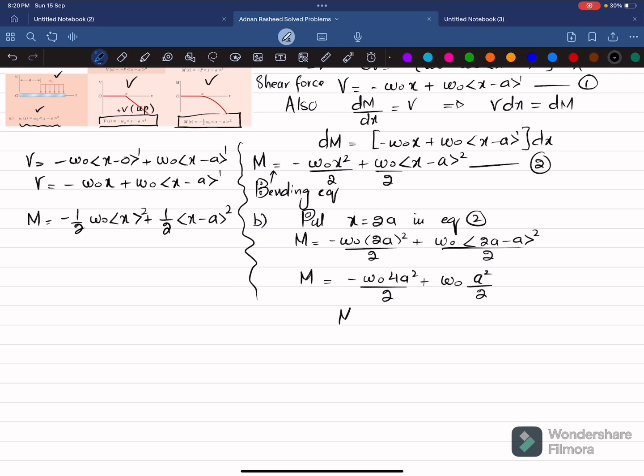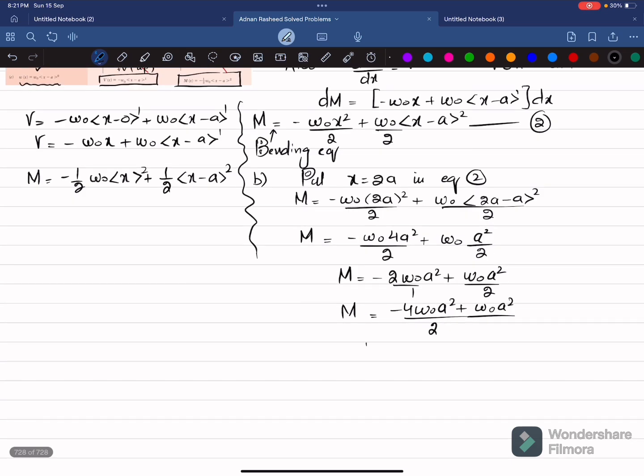So the moment will be equal to minus 2 W naught a square plus W naught a square over 2. If you take the LCM, that will be 2 and there is 1. So divide 2 by 1 is 2 and multiply it with minus 2, so minus 4 W naught a square, plus 2 divided by 2 is 1, multiply by W naught a square will be W naught a square.